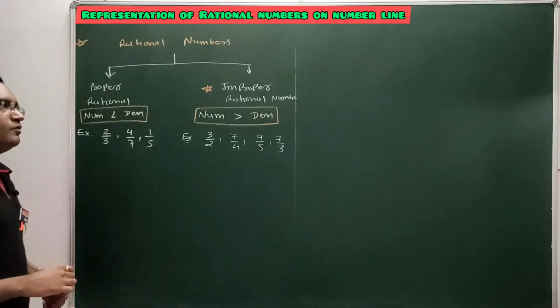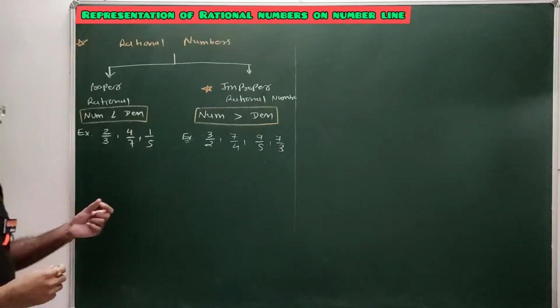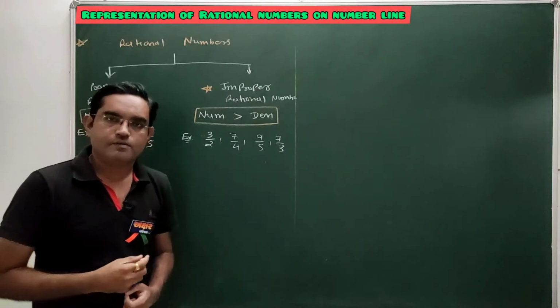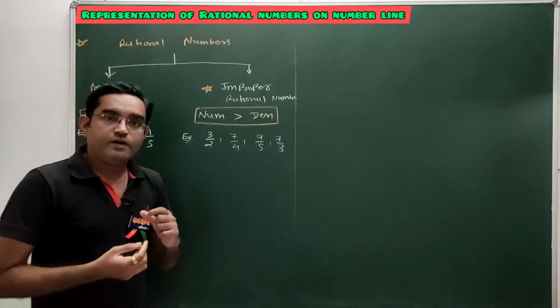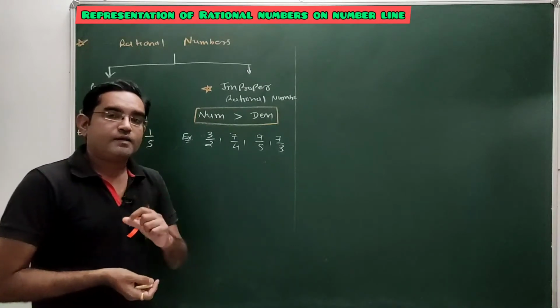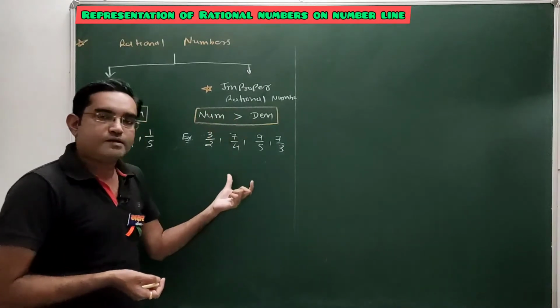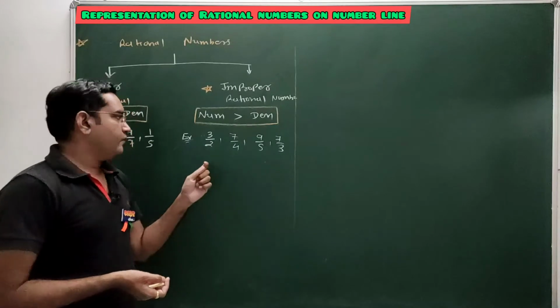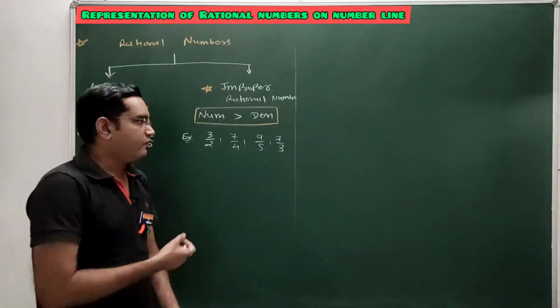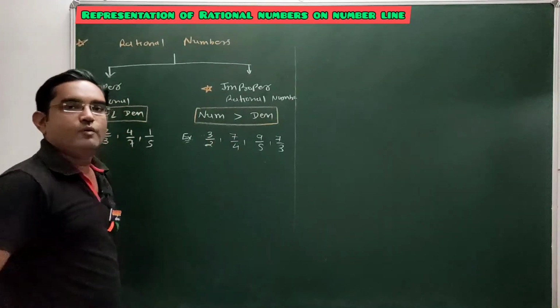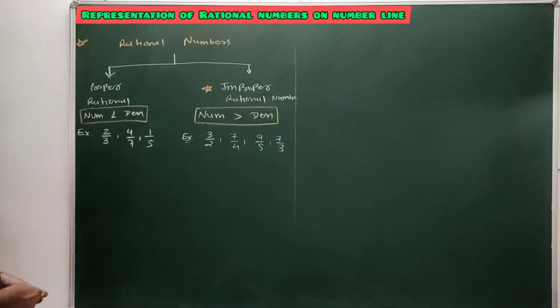And we know that whenever the given rational numbers are in the form of improper rational numbers, we have to convert these improper rational numbers into mixed numbers. So these are the two types of rational numbers, proper and improper.